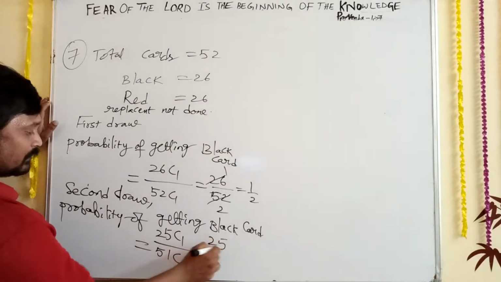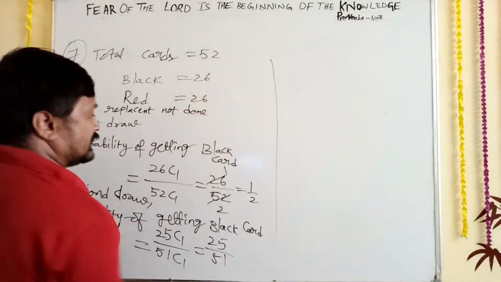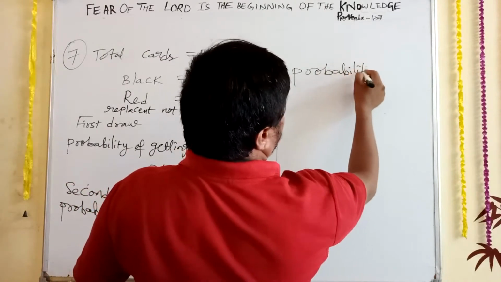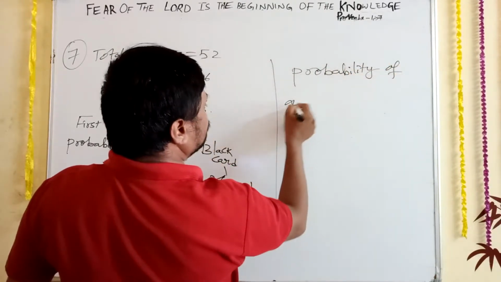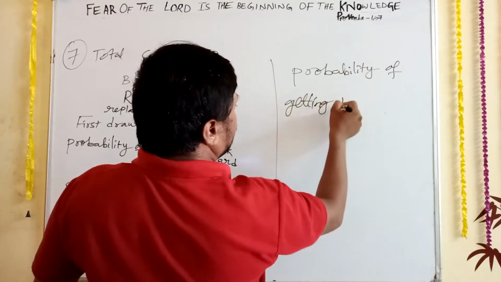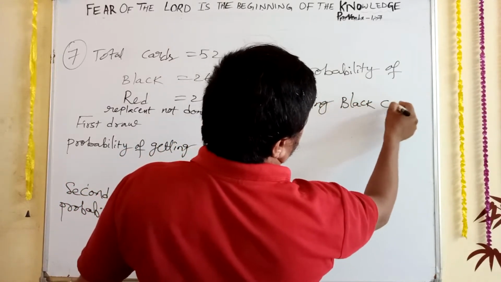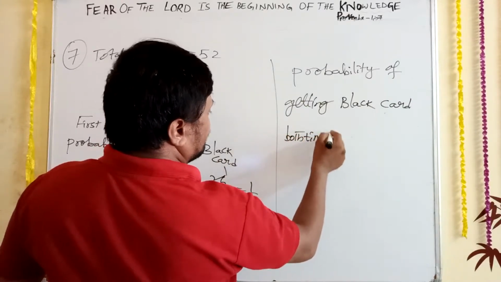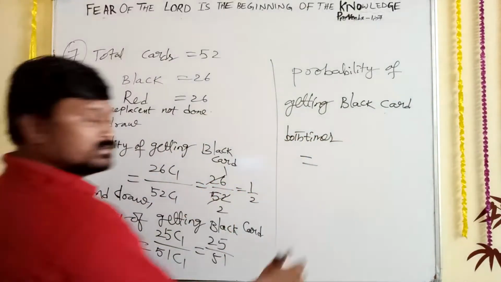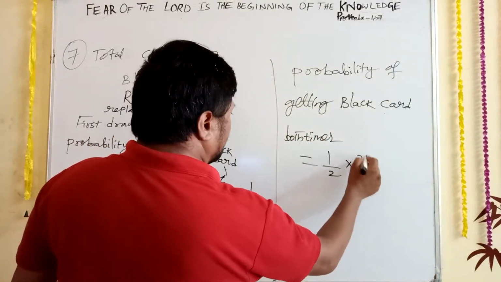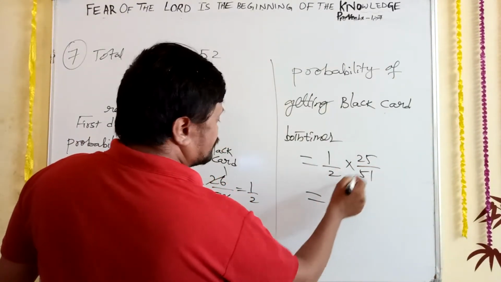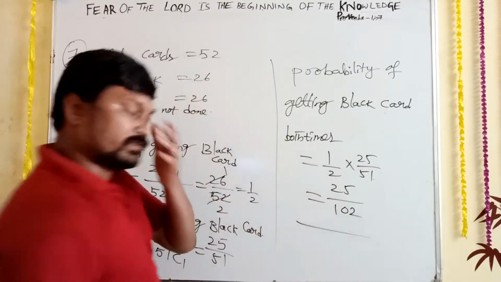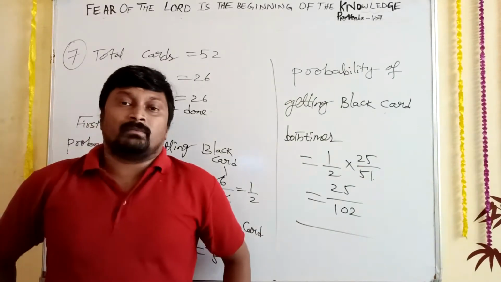Now 25 upon 51. Now the probability of getting a black card both times is equal to, just multiply these two, half into 25 upon 51. So 25 upon 2 ones are 2, 2 5s are 10, so 25 upon 102 is your probability.